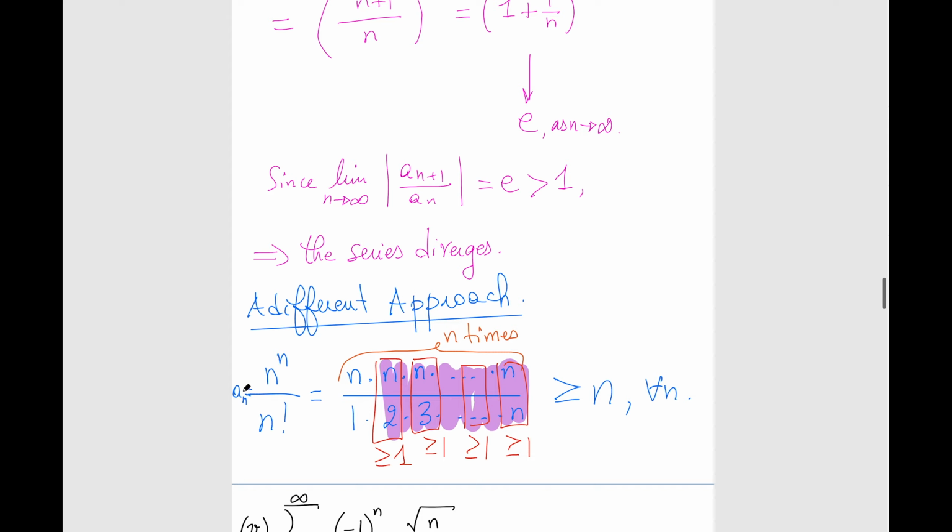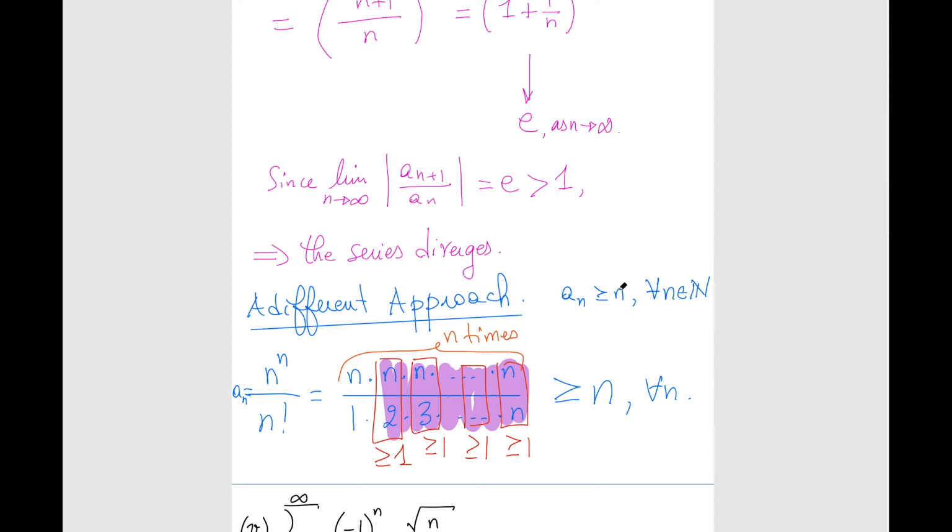Makes sense? So one more time, let me summarize it for you by writing it here. What we've seen, a_n is bigger than or equal to n for all natural numbers n. Correct? Because of this, the higher the n is, the higher the a_n is.